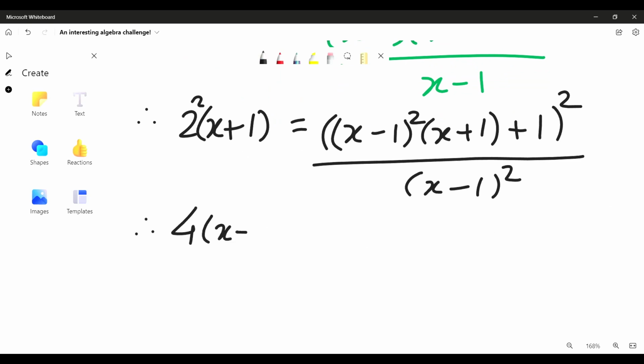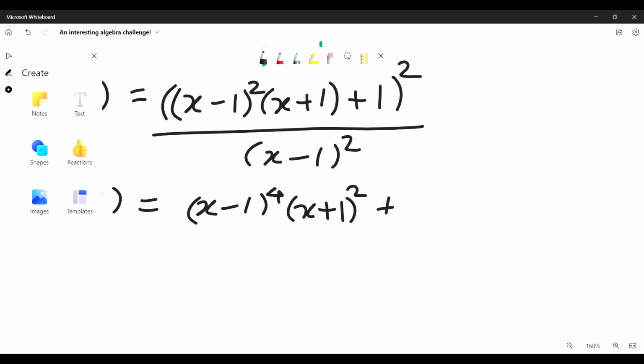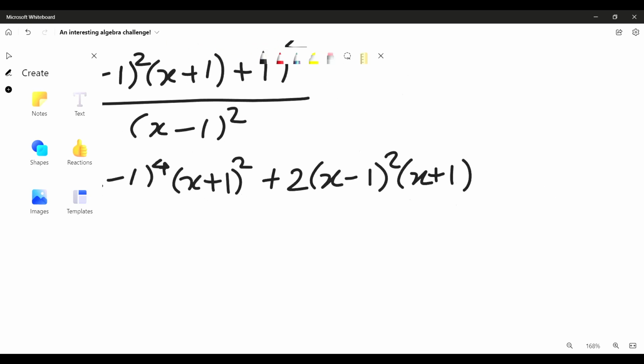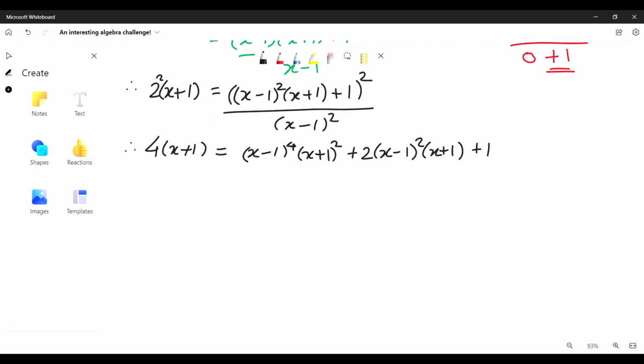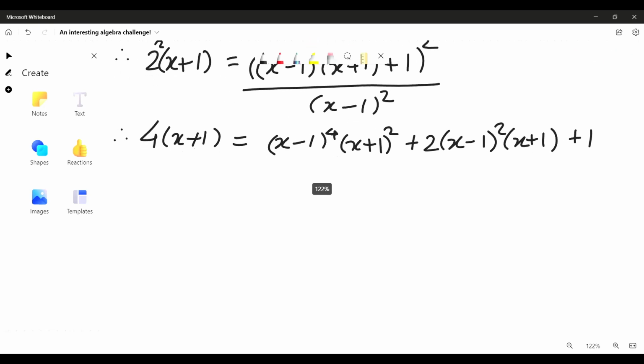So 4 times x plus 1 here is equal to, if we expand this, x minus 1 squared times 2, so that will be 4, x plus 1 squared. So we square the first term. Then we can do plus 2, because that's just a 1, times x minus 1 squared, x plus 1, and then we just get plus the 1 at the end. And of course, at the bottom, we just have x minus 1 squared. I will leave that as it is, because that's already in factorized format.